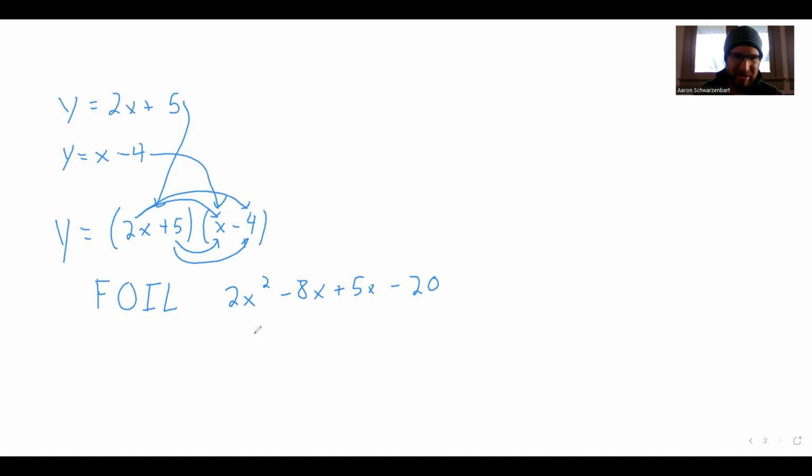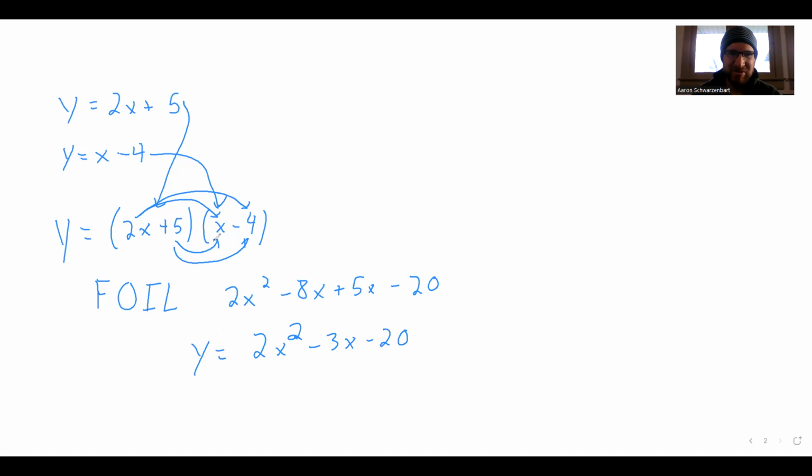I can combine my terms. That -8x plus 5x make -3x. And here I have a quadratic in standard form. This was factored form, and this is standard form. So these different forms of quadratics, I can exchange between them to convert.